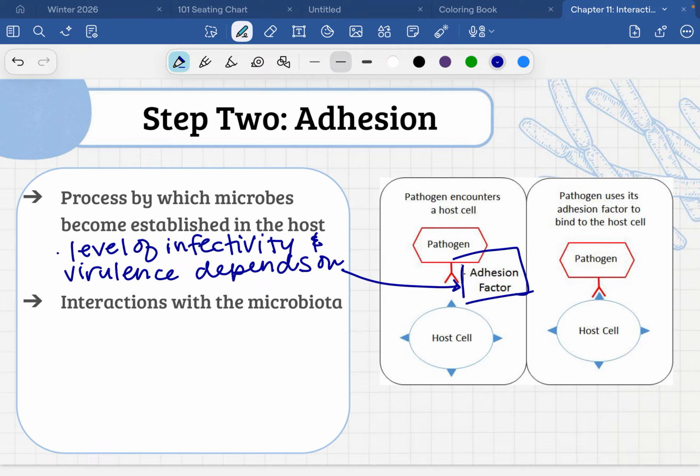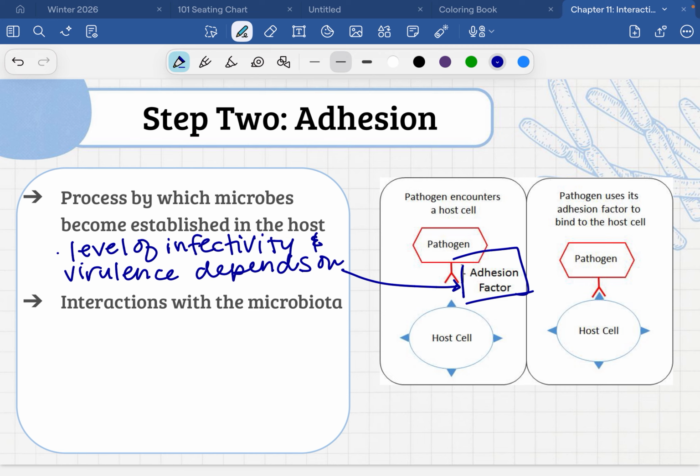Because if an organism has a really, really, really good adhesion factor, if it's really, really good at grabbing on and sticking, then it is going to be better at causing disease. Okay, some organisms have less effective adhesion factors, and so they're not as good at causing disease. So the adhesion factors, we're just going to talk about them kind of in general, have an impact on an organism's infectivity and virulence.